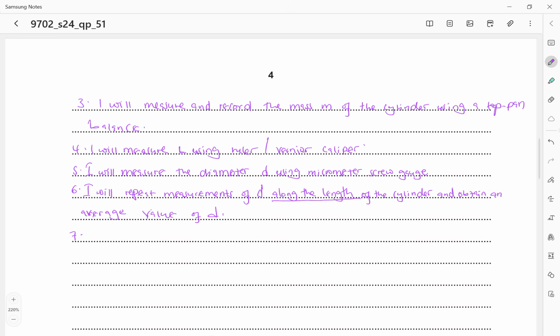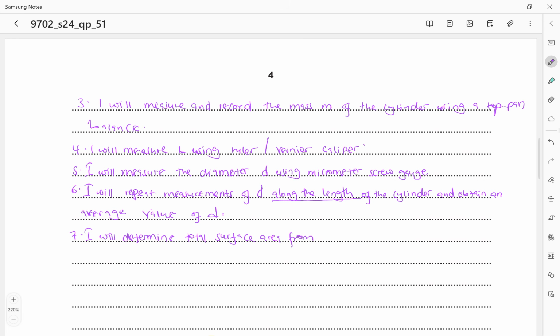Then step 7, since I have the cylinder, I also have to talk about total surface area. So I'll determine the total surface area.